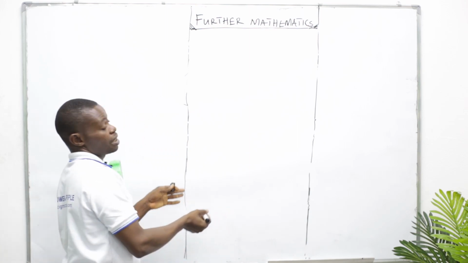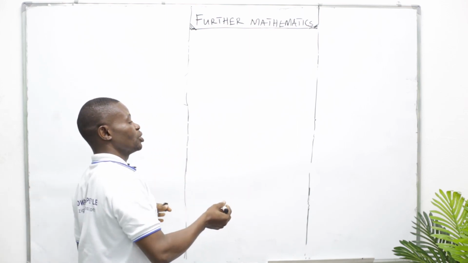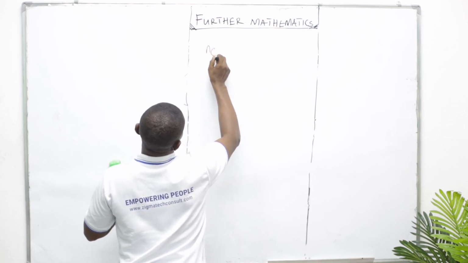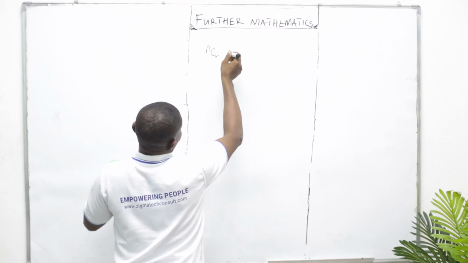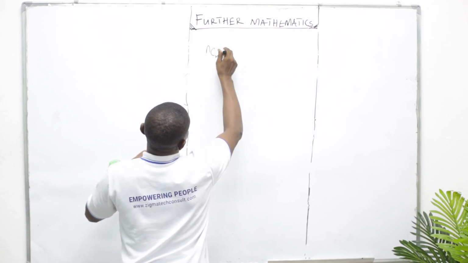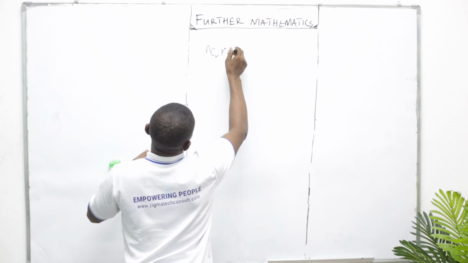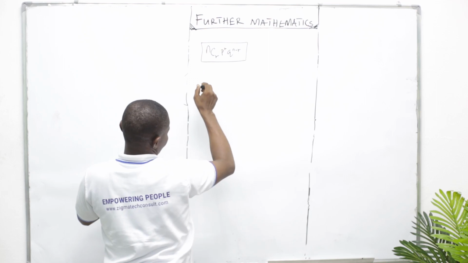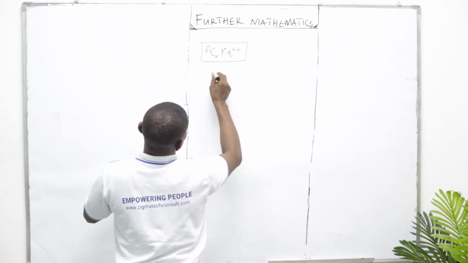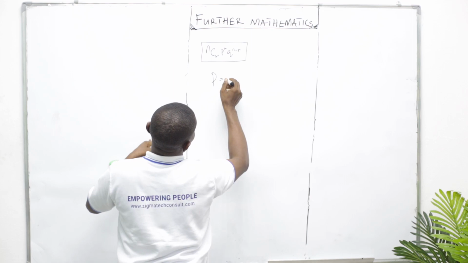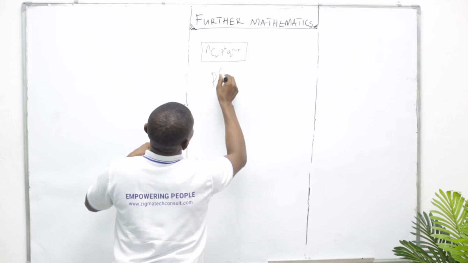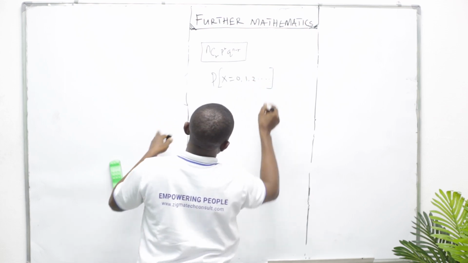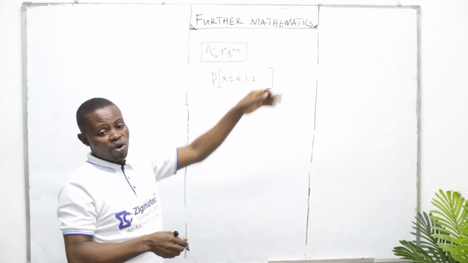Here is your choice, either to use the binomial theorem or binomial distribution. For binomial distribution, n combination r into p raised to power r, q raised to power n minus r is the format we use, which will give us P of x equals 0, 1, 2, and so on, depending on where the number ends.